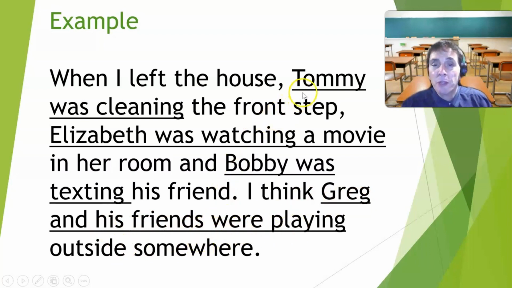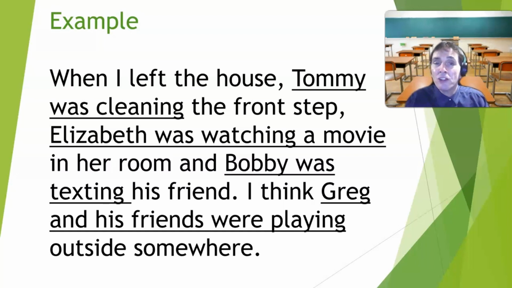So when we look at this, we can see that Tommy was cleaning. Elizabeth was watching a movie. Bobby was texting. Greg and his friends were playing outside somewhere. So we can see here that there are many different subjects, many different actions, all happening at the same time in the past.